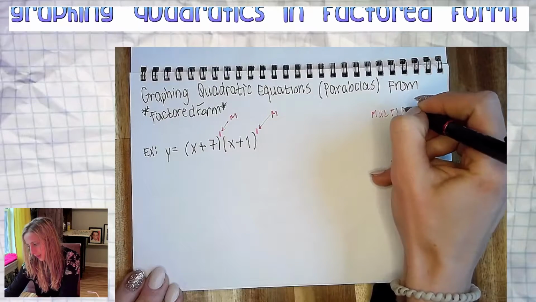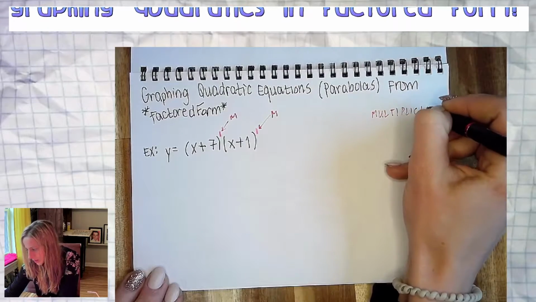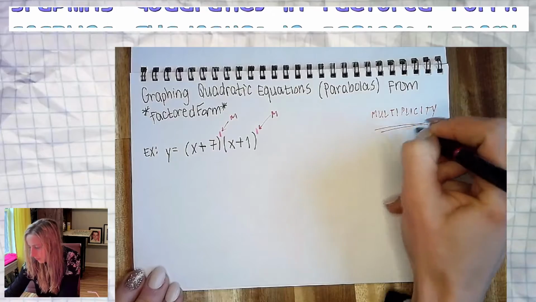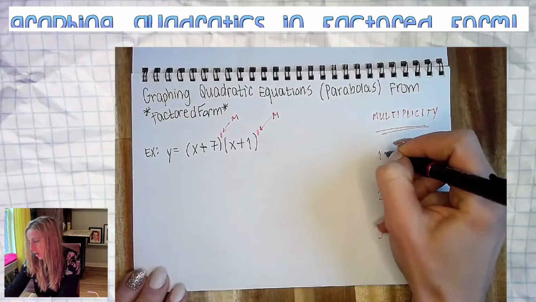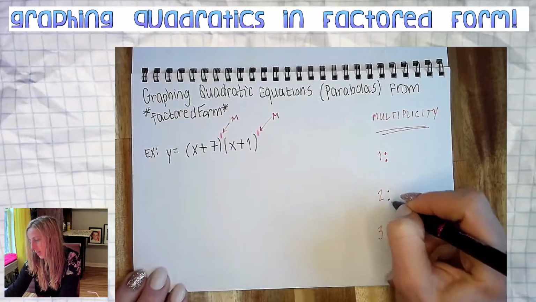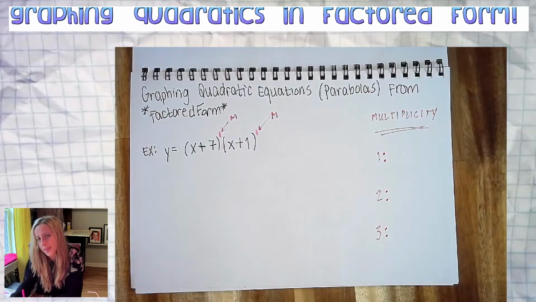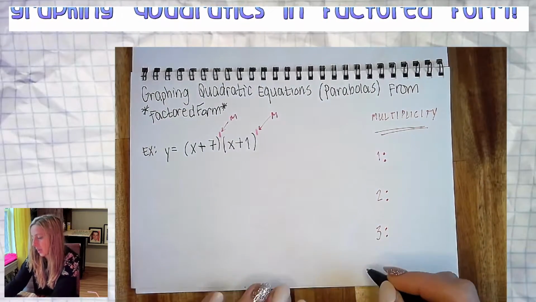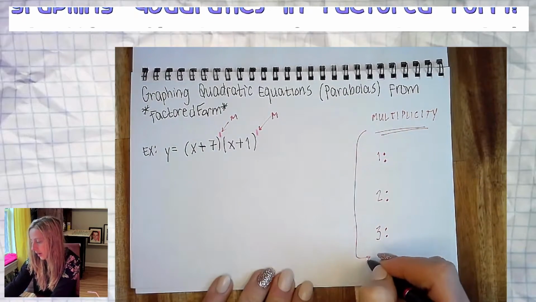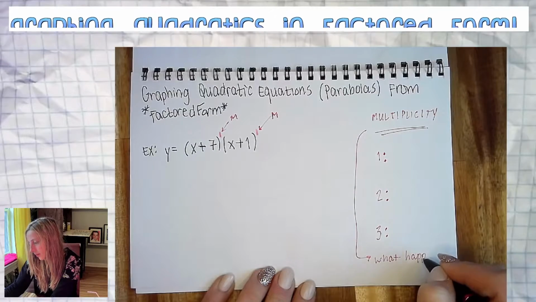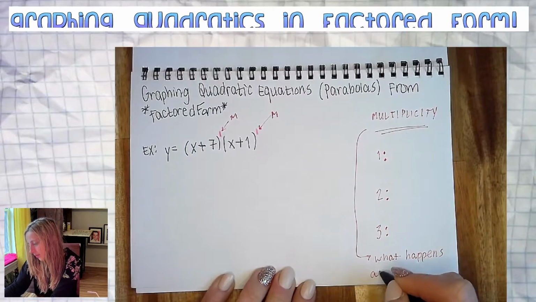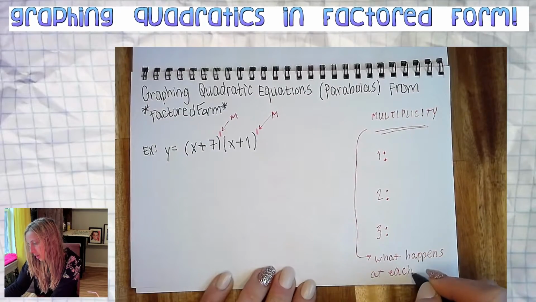Multiplicity: 1, 2, and 3. We had a word for each one, and then I could draw a little picture of what happens at the zeros. So this tells us, showing a little arrow, what happens at each 0.